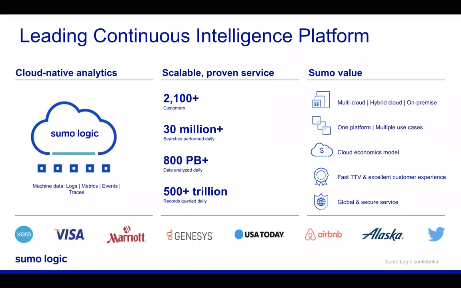So what is the Sumo value? How are we different? We support cloud, hybrid, and on-prem apps and infrastructure. So as a cloud-based company, we really get cloud, so AWS, Azure, GCP, but we also can really easily monitor your virtual machines on-premise or in your data center. So companies like Alaska, Delta, Marriott, and Airbnb are good examples of these large on-premise and cloud-based applications.